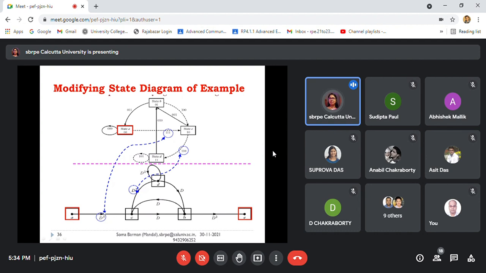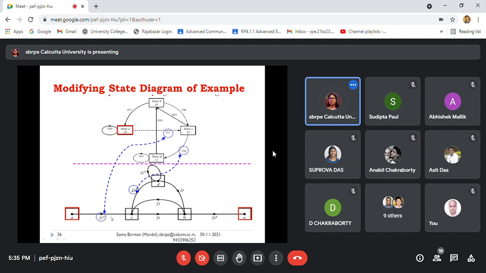So how much will it be? 3 plus 2 is 5, plus 1 is 6, 6 plus 2 is 8. So for that case your distance will be d to the power 8.